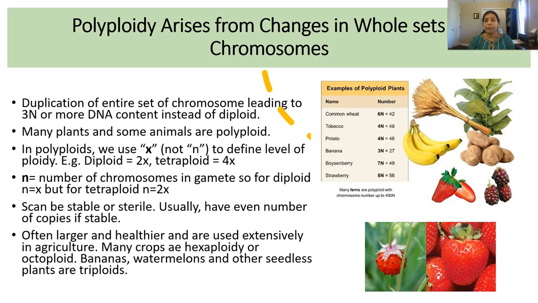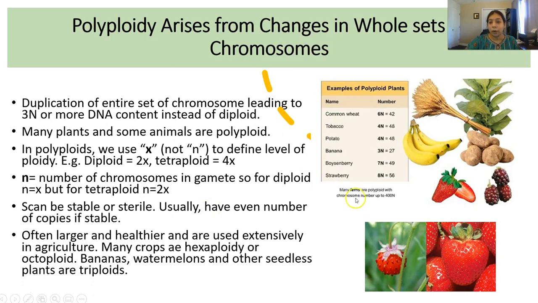But if they are uneven numbers, like 3n or 7n, like bananas, which are 3n, those plants are typically sterile. You can create progeny through clippings or by combining them with a diploid or an even-number organism to get more progeny out of that.